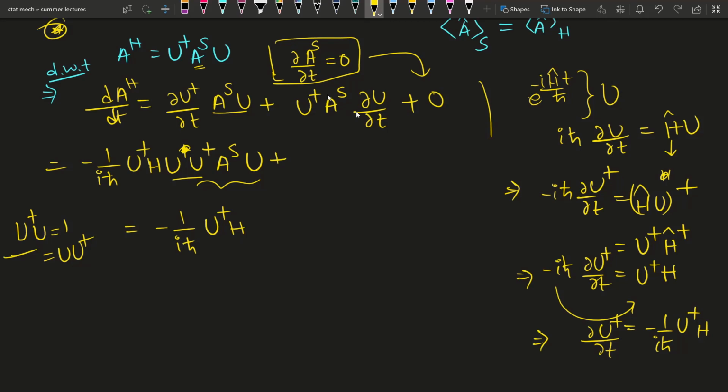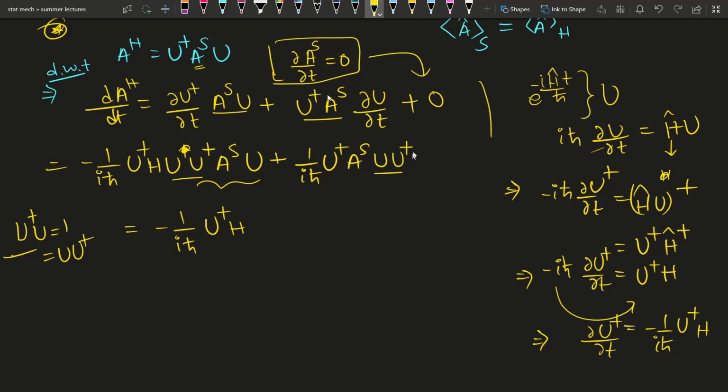And here it will become del U over del t, meaning 1 over i h cross, and U dagger, and A as it is here. Why I'm doing this, you will understand after some time.